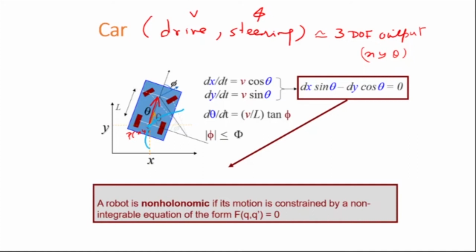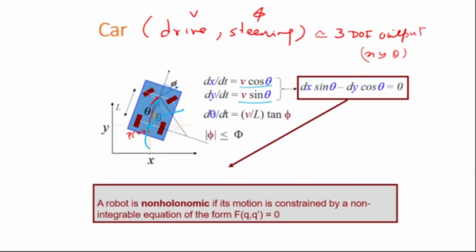Now, if I take the projection of my velocity vector v in the x direction and y direction, what we get is dx by dt is v cos theta and dy by dt is v sin theta.